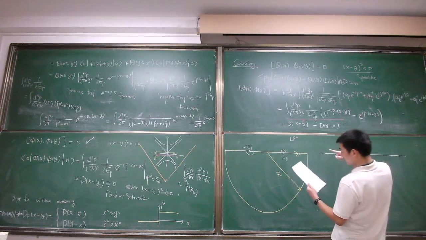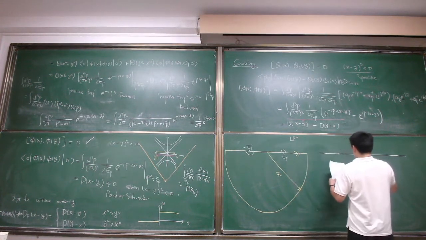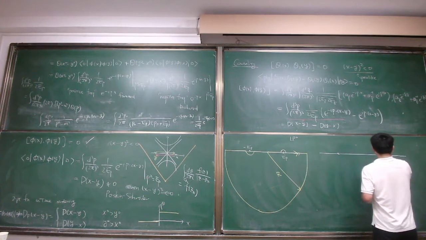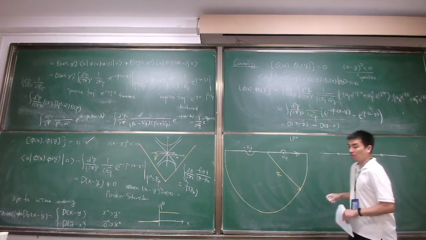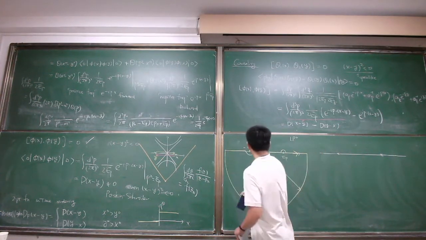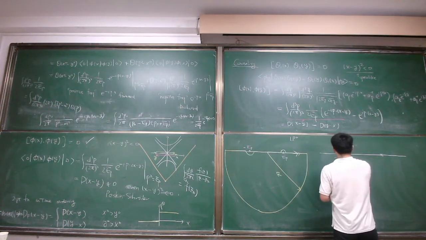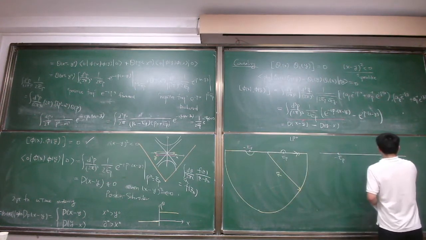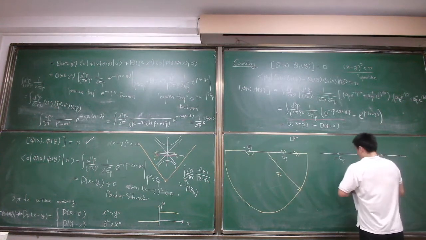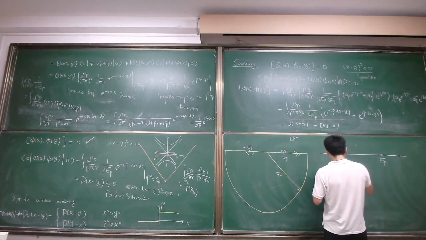We should do the same integral, but now we want to pick this pole, minus EP, and not this positive pole. Oh my goodness, I'm so stupid.